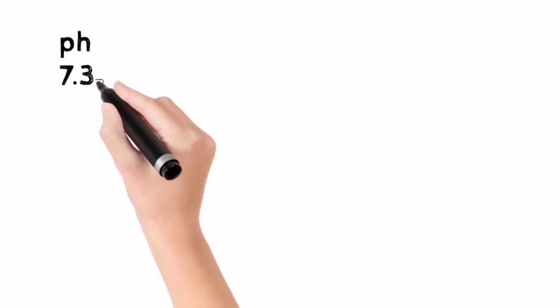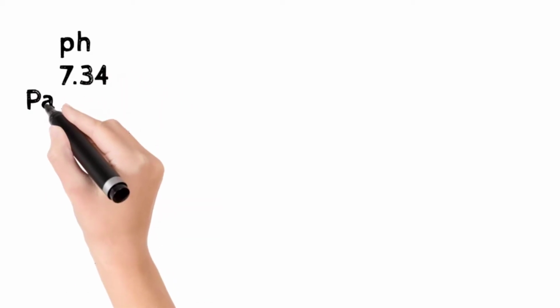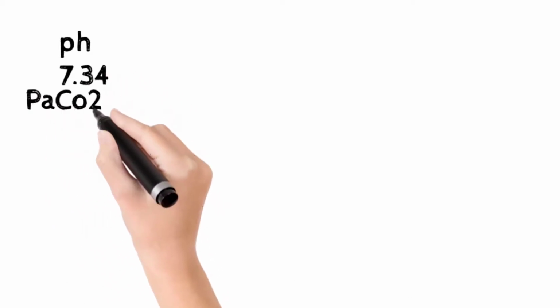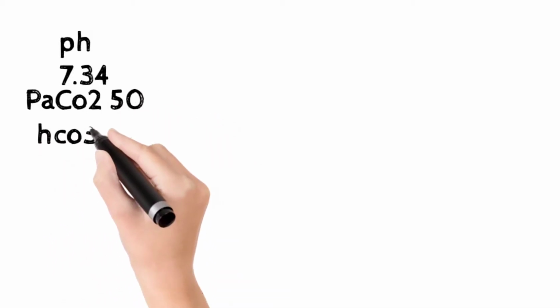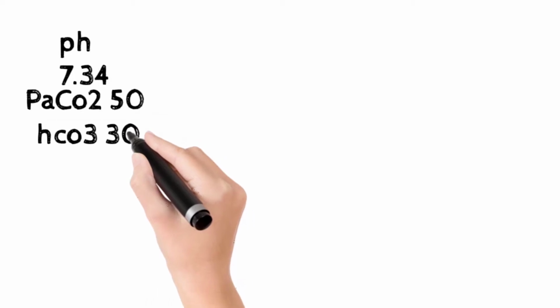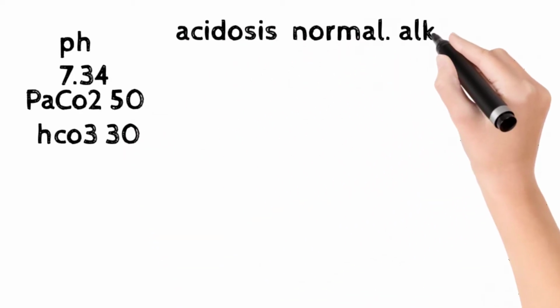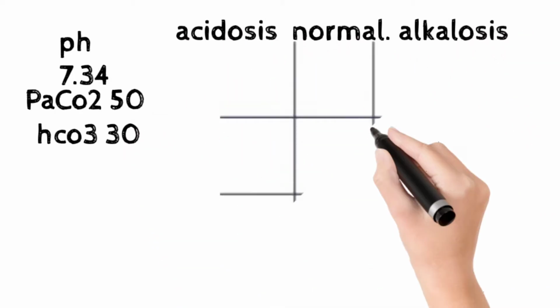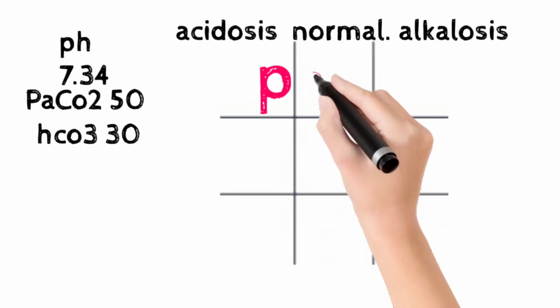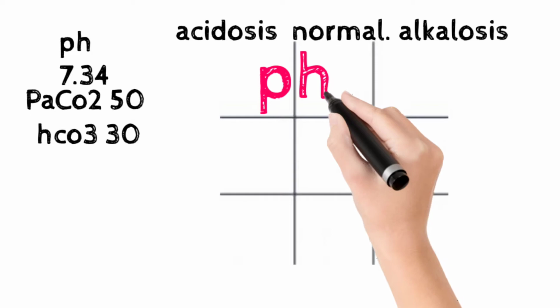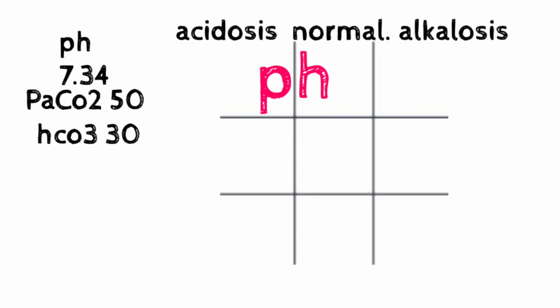Then pH is 7.34, PaCO2 is 50, HCO3 is 30. Here pH lies in the normal range, but it is slightly near to acidosis, so we can consider this as acidosis.